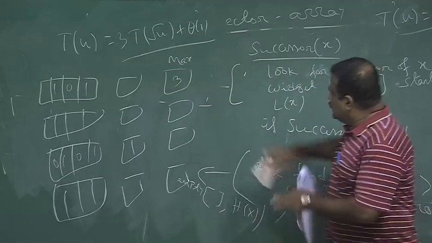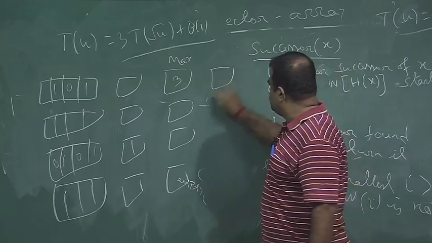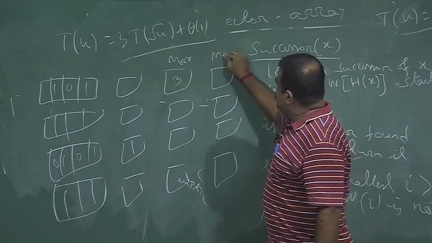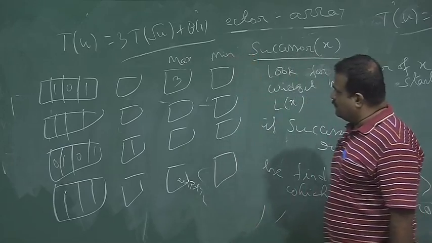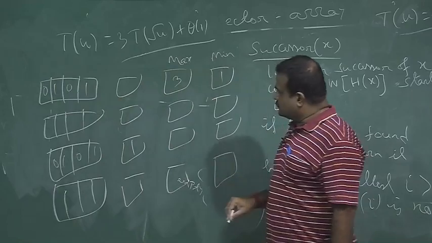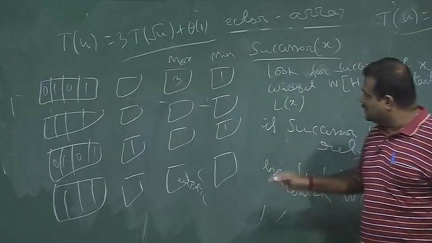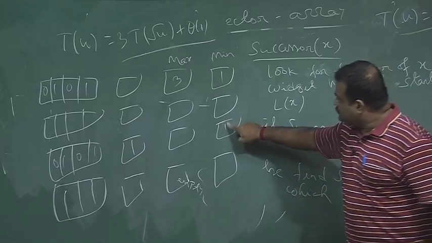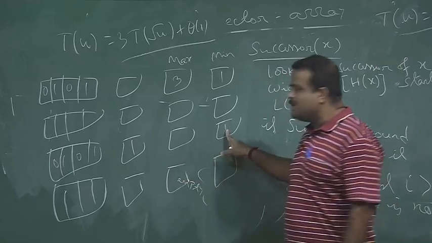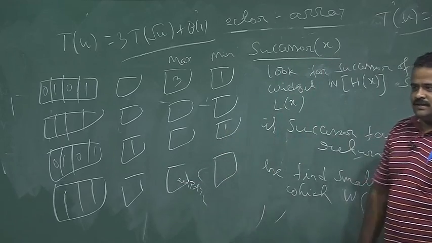We will just do further augmentation: we will put the minimum also, because we already made a successor call. This minimum is 1, this minimum is also 1, so this will give us the successor of x. We will just look at this minimum and return that. So, basically we are doing only one successor call.